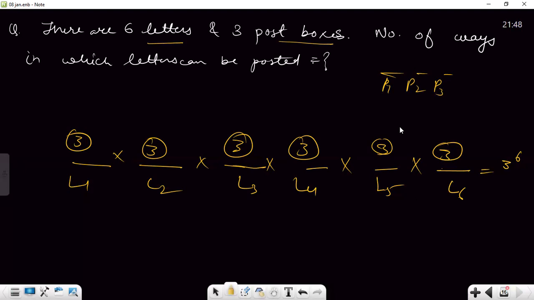Letters are definitely going to get exhausted. All the letters are going to get used. Choices come when we have to select the particular post box. Is that clear? Yes, sir.